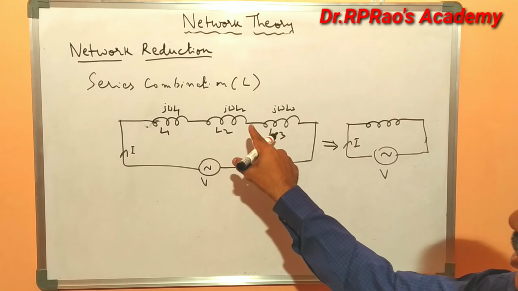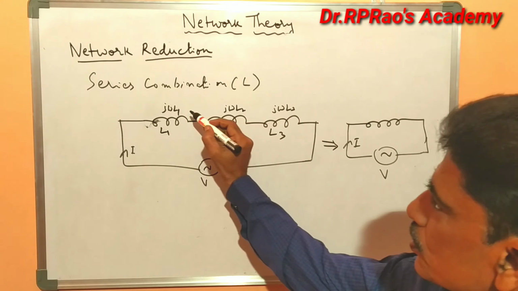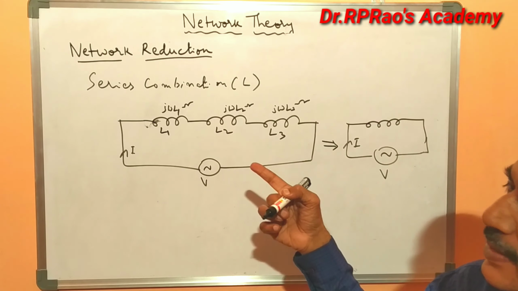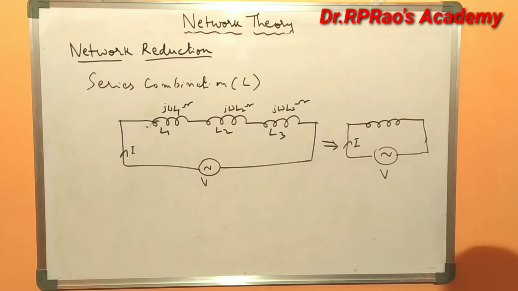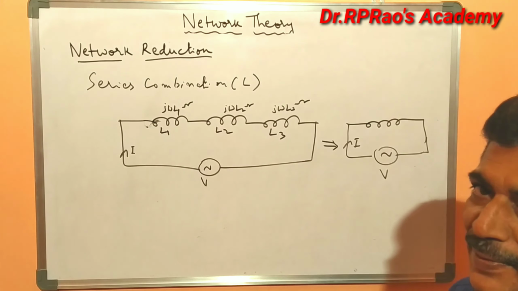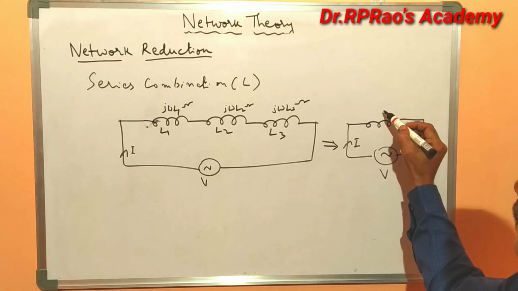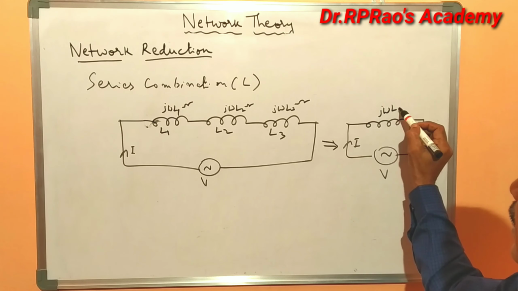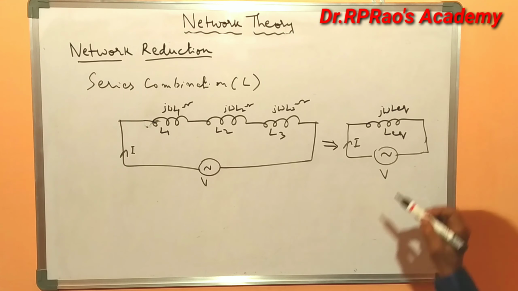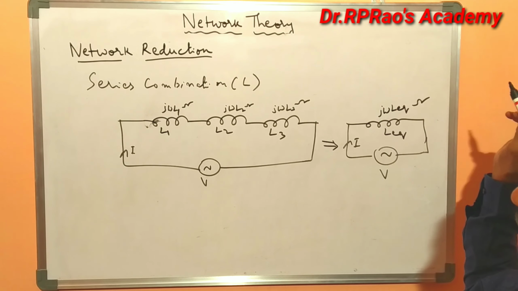J omega L1, J omega L2, and J omega L3 ohms are impedances. Impedances means they oppose the flow of AC current. And here it is J omega L equivalent.